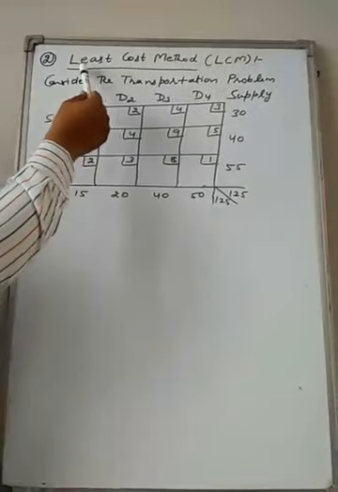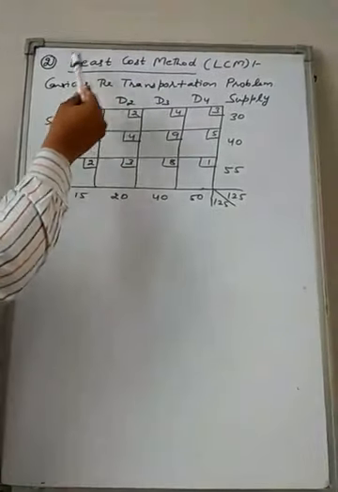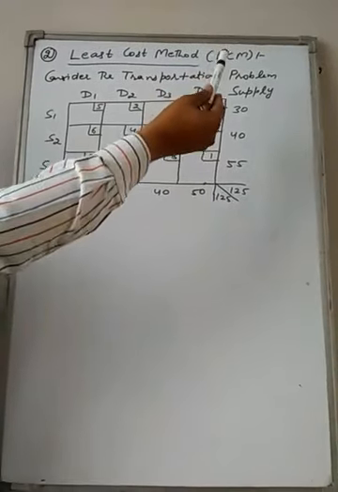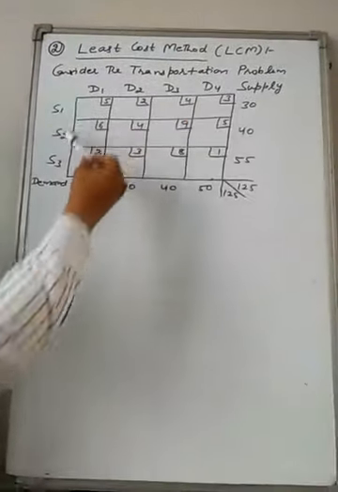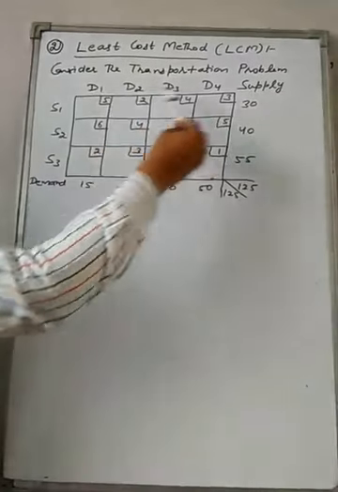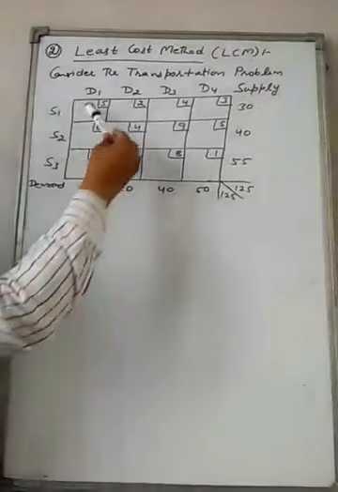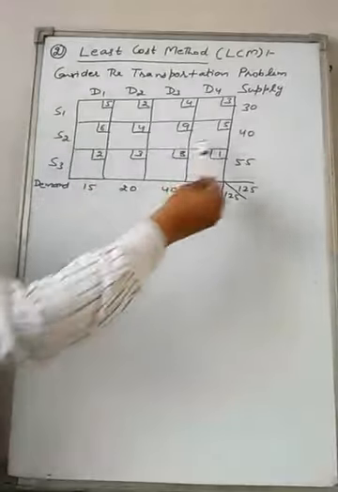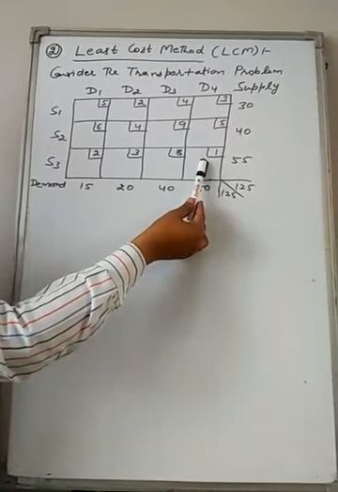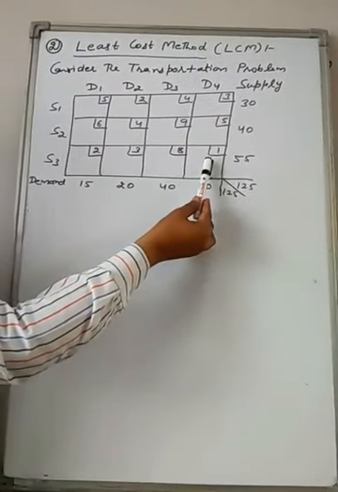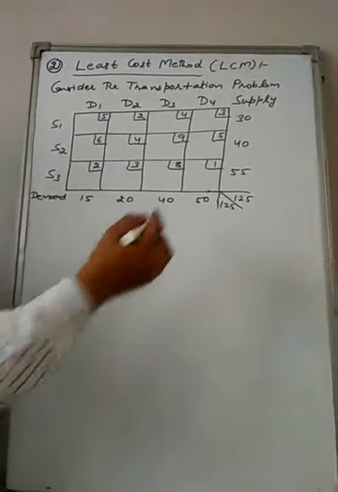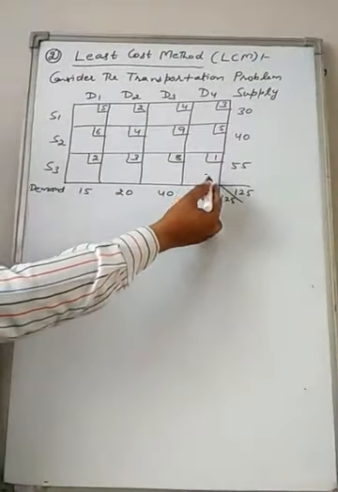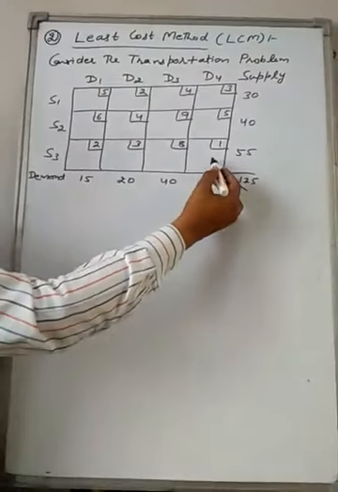Now as the least cost method, the name least cost is self-explanatory. We will choose least cost from the matrix, as the least cost from all the entries is here 1. Therefore we will make first allocation in this cell. Allocation procedure is same as I discussed in northwest corner method.